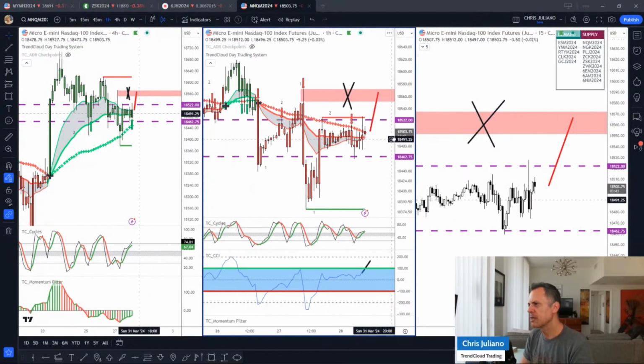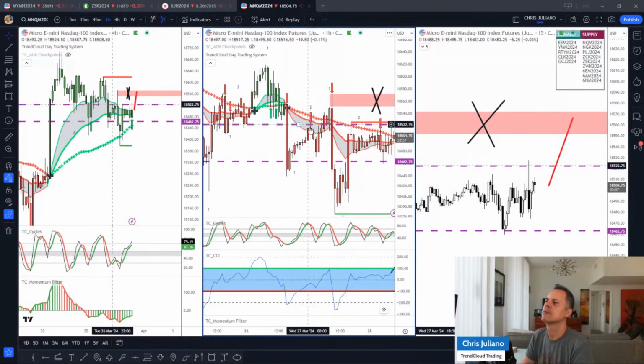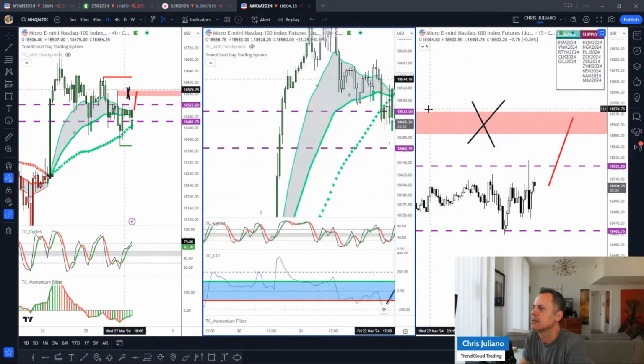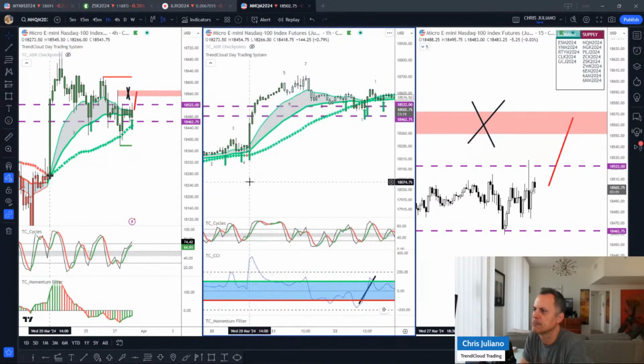We want to take trades in situations where it is below your TrendCloud. Like this, right? Price breaks above TrendCloud, pulls back, never breaks below your TrendCloud system, and then takes off, right? That's what you want to be a part of.